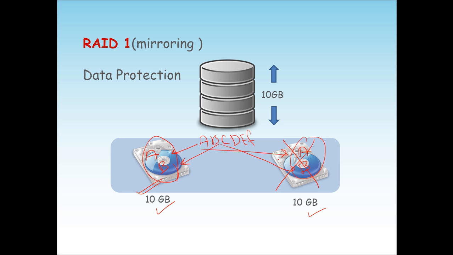So all you have to do is just bring a new drive and replace the failed one and tell the array to rebuild itself, and then this drive will automatically copy itself over to the new drive. So with RAID 1 you can protect your data, but the total size of the array is only the size of one disk. So in our example it will be 10 GB.